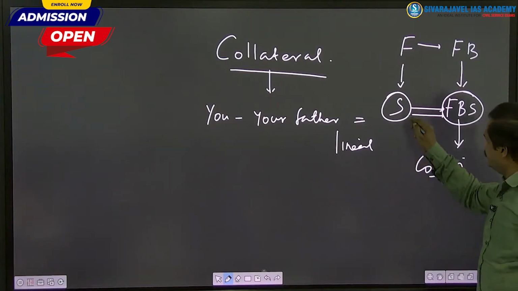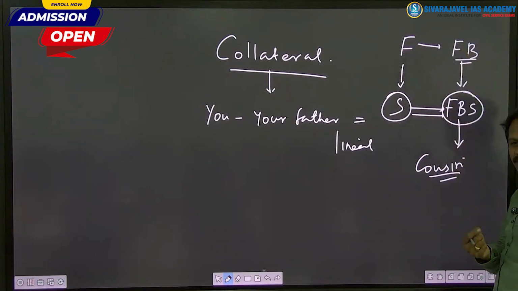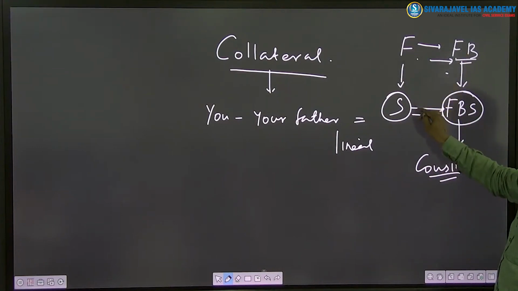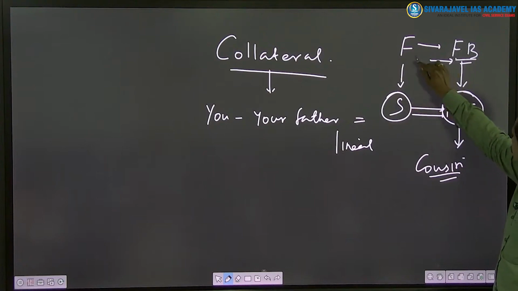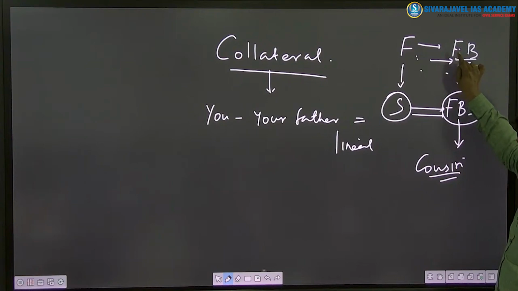Or even you and your father's brother can be called collateral. It is not directly coming down. He is sharing not lineally, horizontally. So you are also sharing horizontally with your father's brother's son.